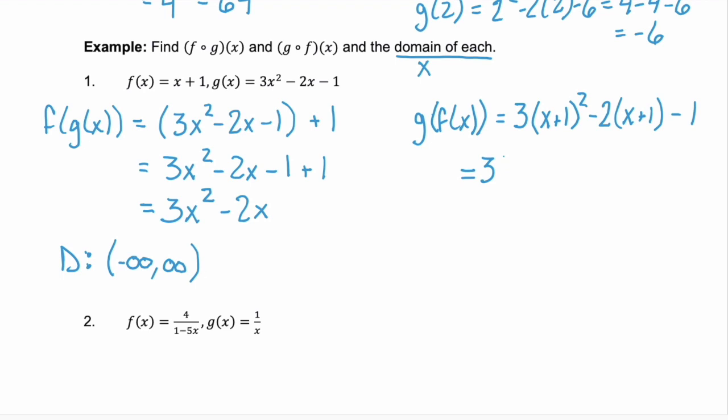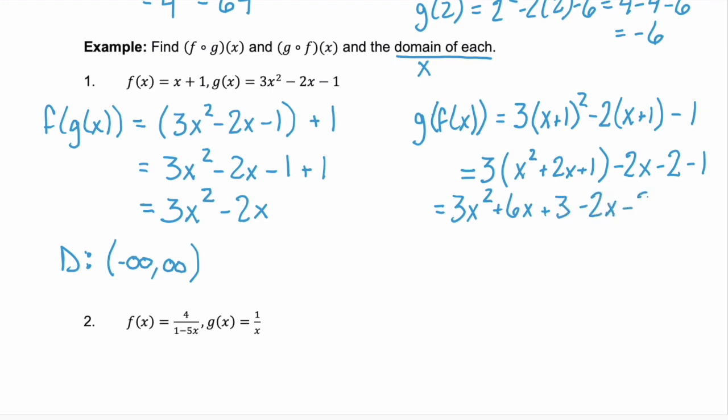This equals 3 times x plus 1 squared, which would be x squared plus 2x plus 1. Now we can distribute the negative 2 through the parentheses to get negative 2x minus 2. And lastly, we have minus 1. Let's distribute the 3. We have 3x squared plus 6x plus 3 minus 2x minus 2 minus 1.